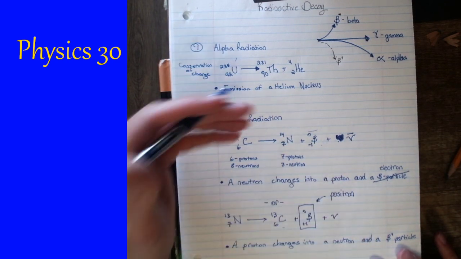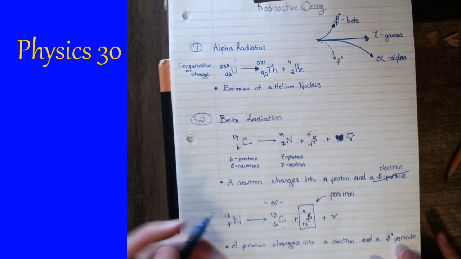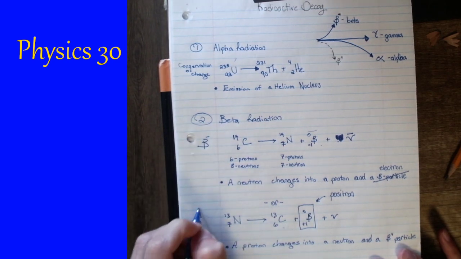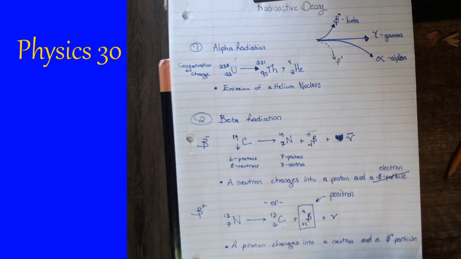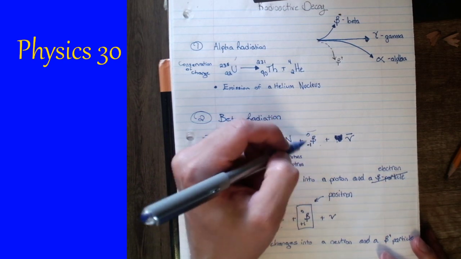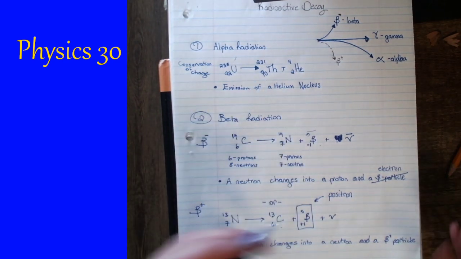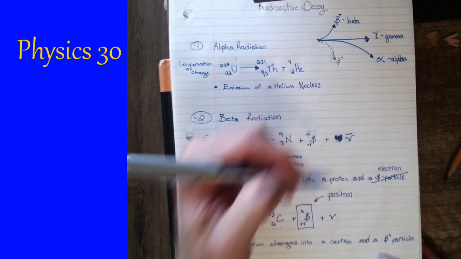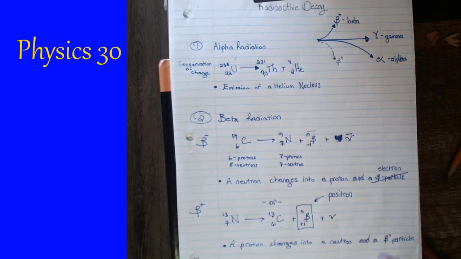Okay, so basically with your beta radiation, whether it be beta minus decay or beta plus decay, those are 2 different types of beta radiation, you get about 3 weird things, okay? Knowing that this is an electron isn't that weird, but now you get a weird thing called a positron, and then we have 2 things we haven't actually talked about yet.